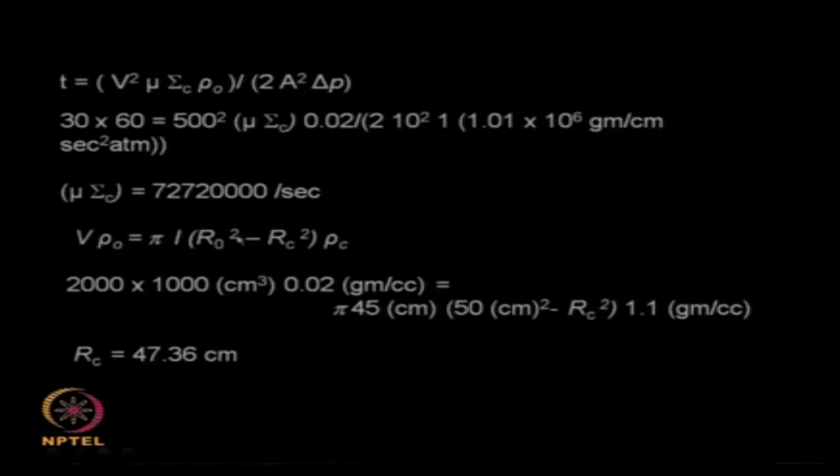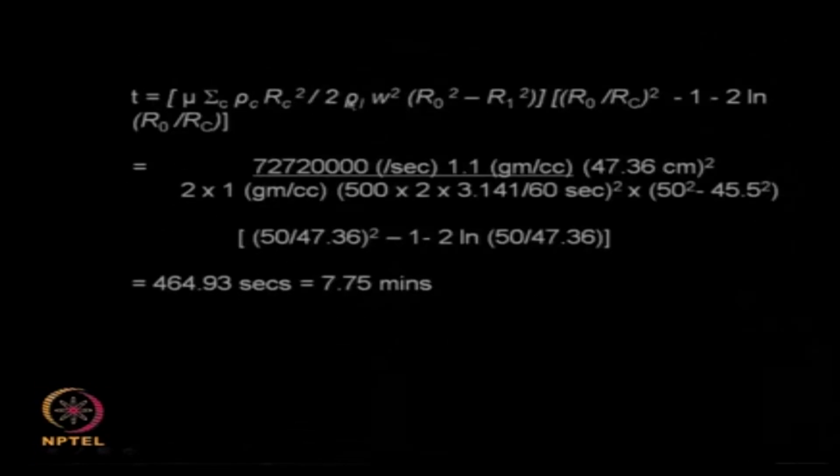So to calculate that we use this particular mass balance equation. Okay. So we go back to the equation which tells you how much time will be required to filter V liters of the slurry in a centrifuge of radius R0 and length L.